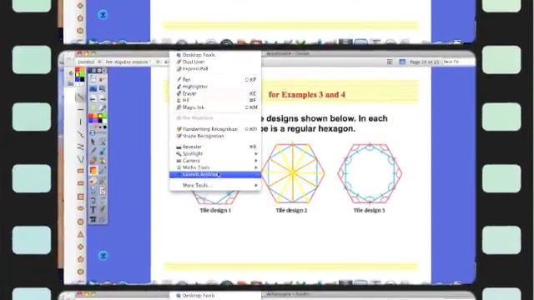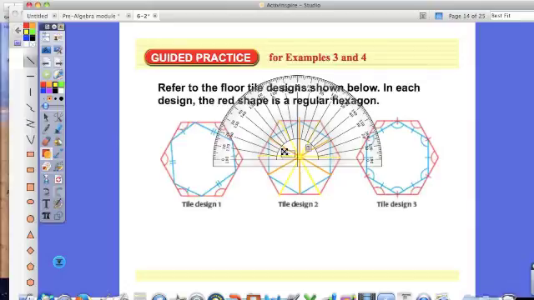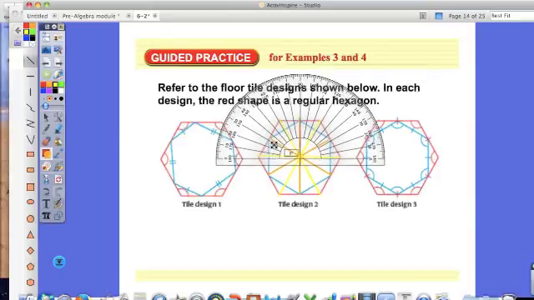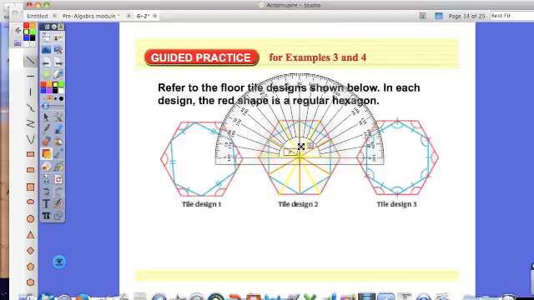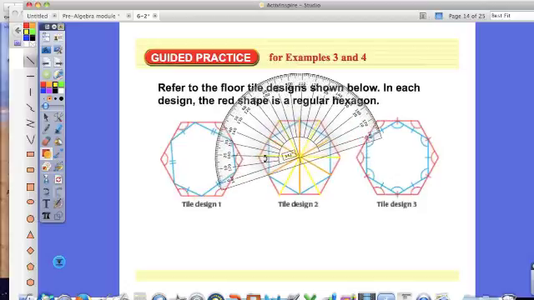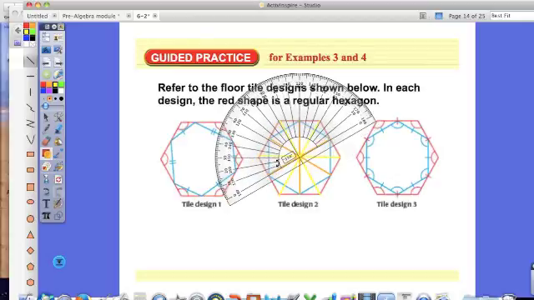I'm going to show you how we can use a protractor. Okay? And I want to line this protractor up so that it meets at the center of these 2 hexagons. When trying to rotate this, where's the rotate? There we go. When I rotate this, I want to get it so that this black line is on one of these orange lines.